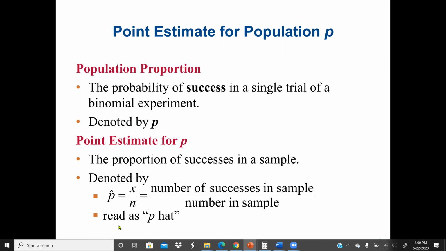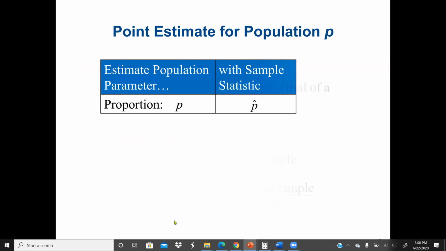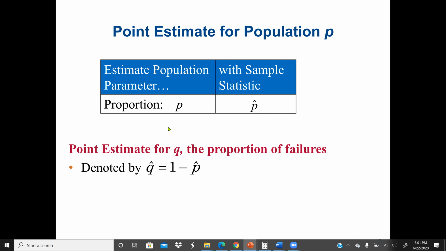We read p caret as p hat. For the population parameter, we use lowercase p, and for the sample statistic, we use p hat. So p hat represents the sample proportion and lowercase p represents the population.